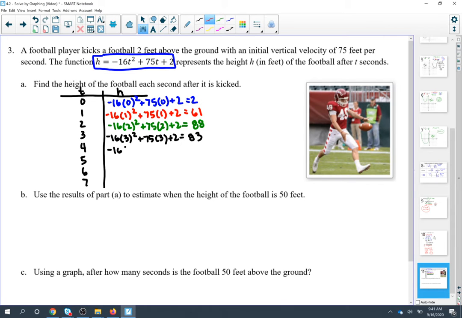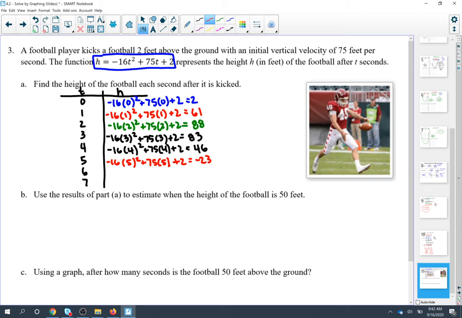Negative 16 times 4 squared plus 75 times 4 plus 2 is 46. And then negative 16 times 5 squared plus 75 times 5 plus 2 equals negative 23.